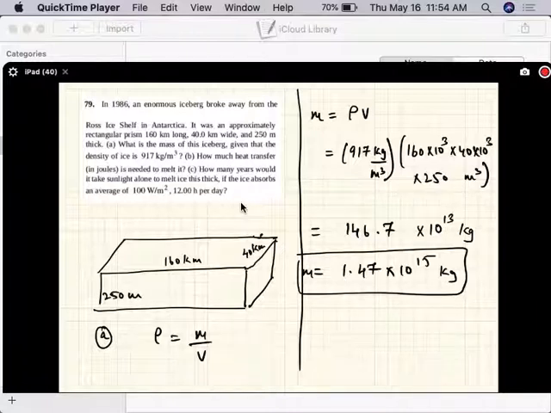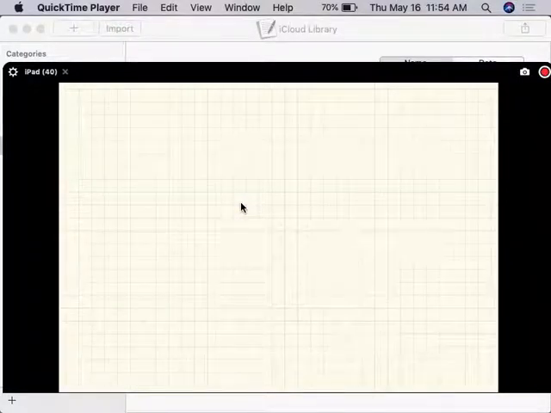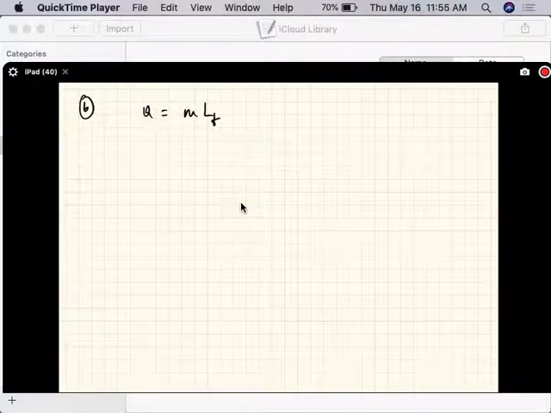How much heat transfer in joules is needed to melt it? Now when you're melting ice, what are you doing? It's a phase transition and the heat is latent heat. So Q is the mass of the ice times the latent heat of fusion of ice. That's how much heat you need.